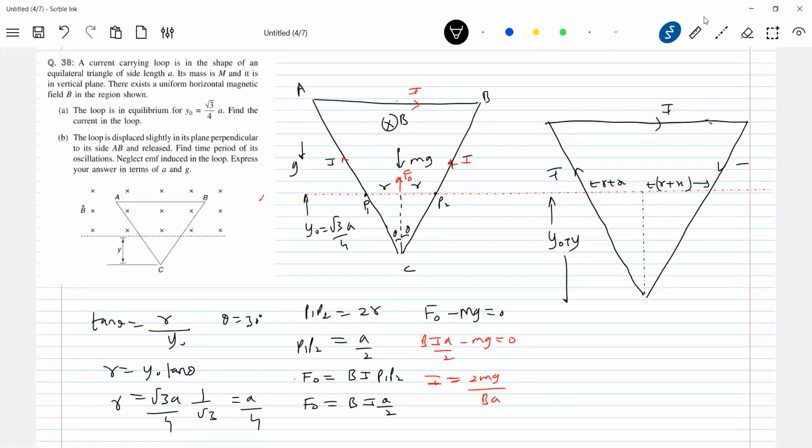Rather than going for calculation, what is that additional BL force that will act has to be determined here. So now this will be F naught plus delta F. Why should delta F come? Because the effective length has increased by how much? 2x. So shall I say that the additional length only matters here?